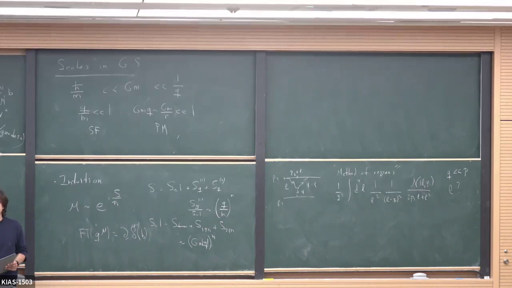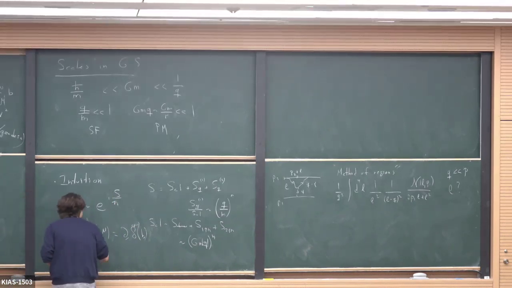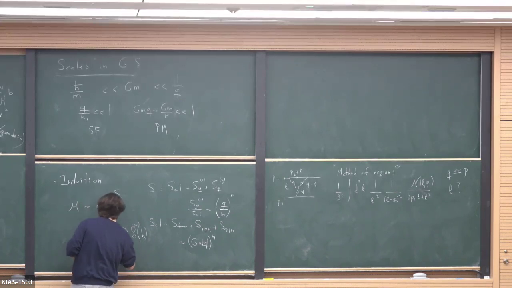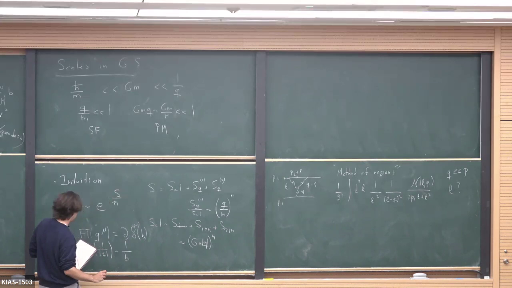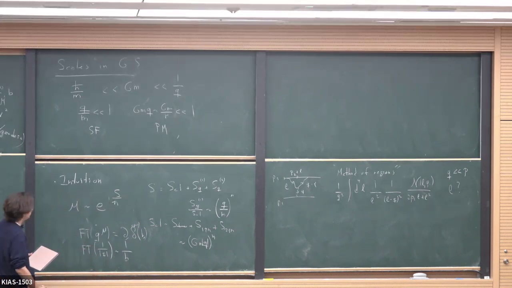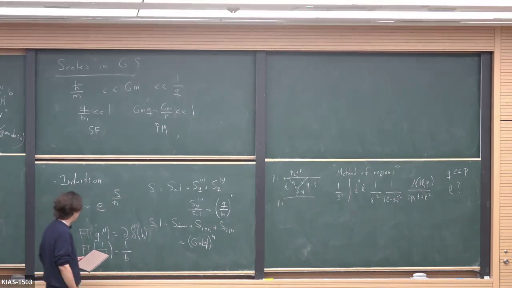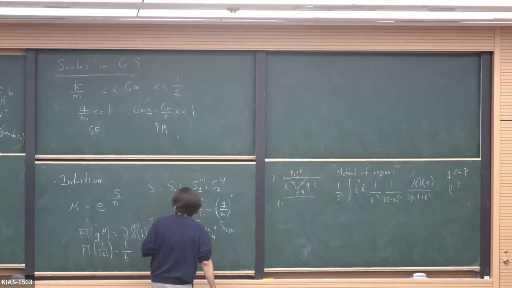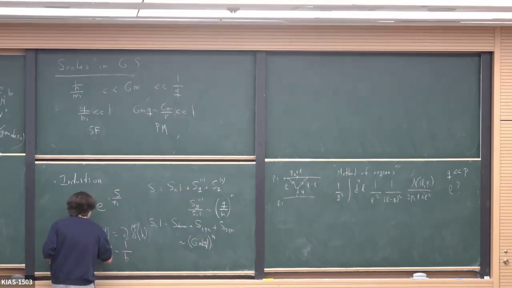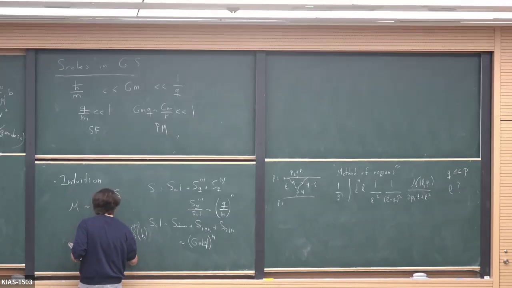Right? So it will be some short distance contribution, whereas the Fourier transform of something like, for instance, 1 over q, this will go like 1 over b. Or the Fourier transform of q, this will be like 1 over b cubed.